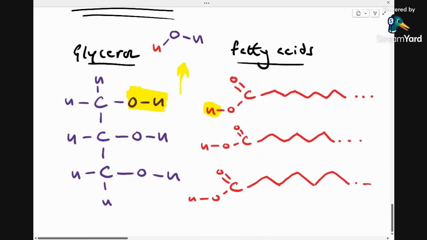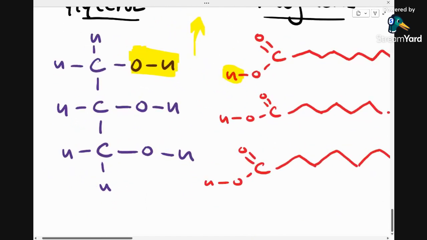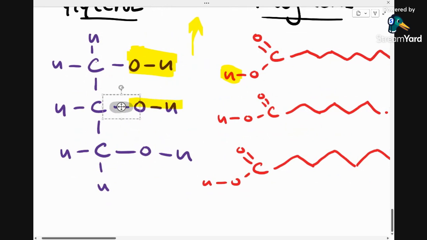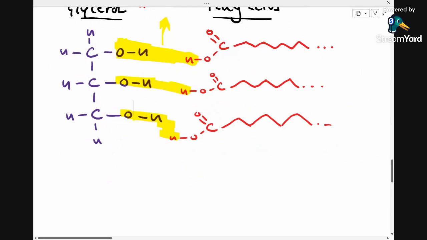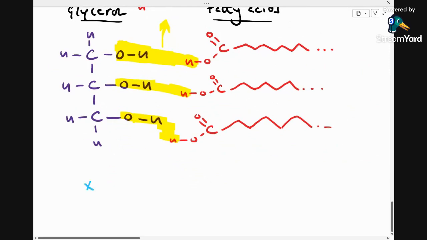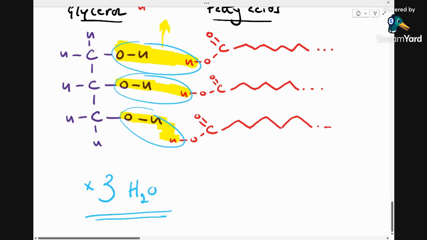So we release water, and that's going to happen 3 times over. We're going to join these together and these together. I will join these just to prove the point that they come off as one. So in total, to join these together, we're going to produce 3 water molecules. Essentially, one here, one here, one here.